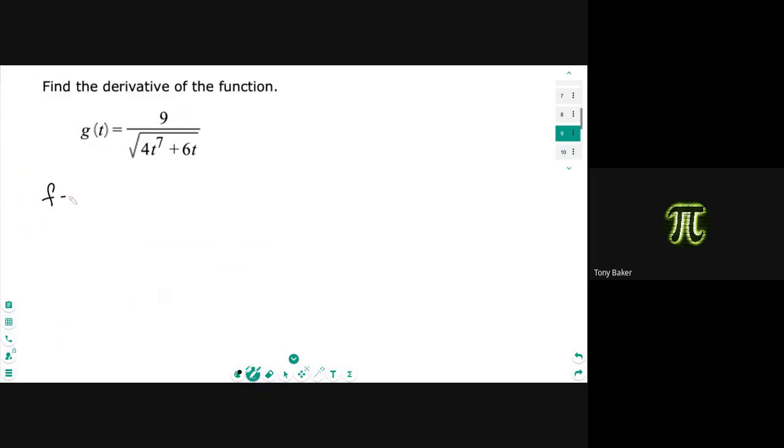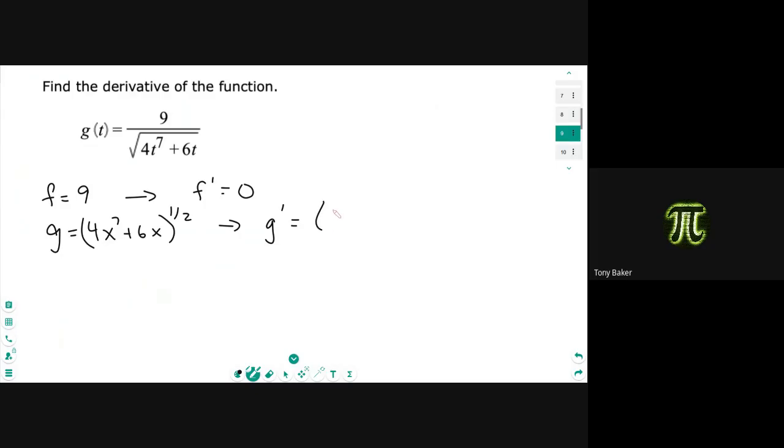So if I set f to 9, f prime is 0. For g, I still have to do the chain rule anyway. So 1/2. Actually, we'll do the inside first.